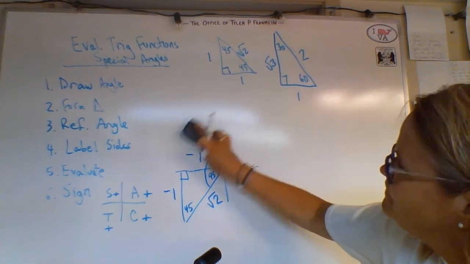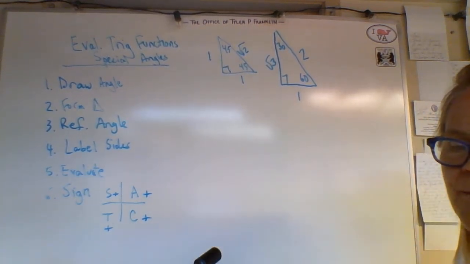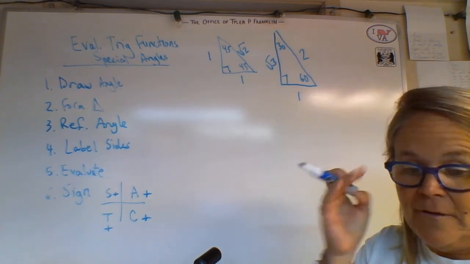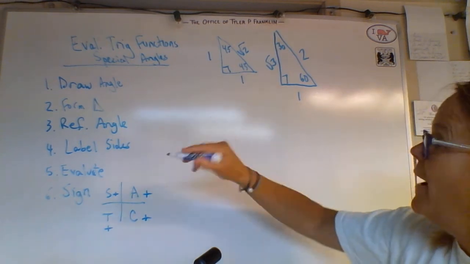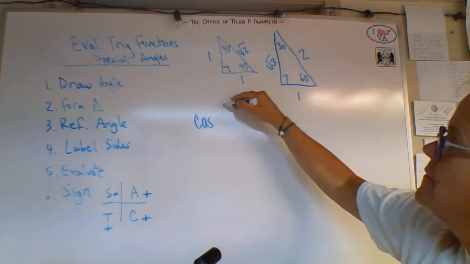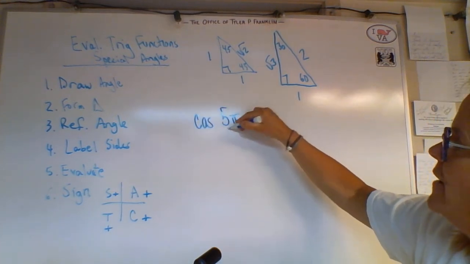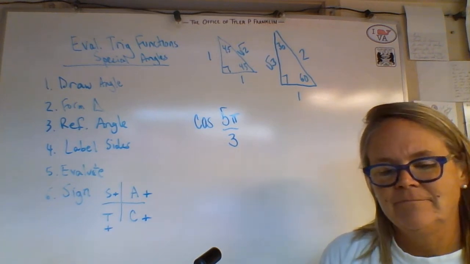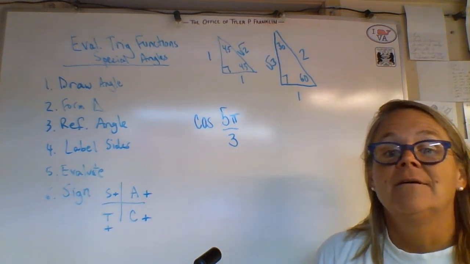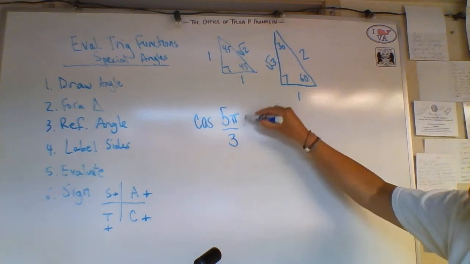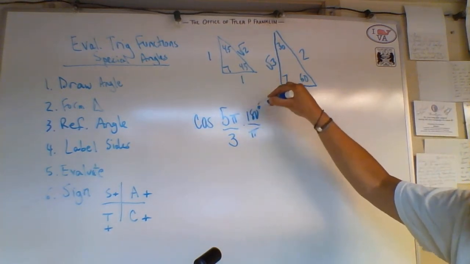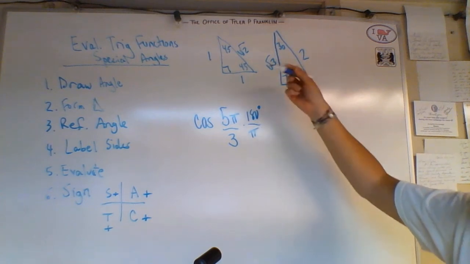So one more. Let's say cosine of 5 pi over 3. So cosine 5 pi over 3. First thing I would do, change it to degrees. Multiply by 180 over pi. 5 times 180 divided by 3.